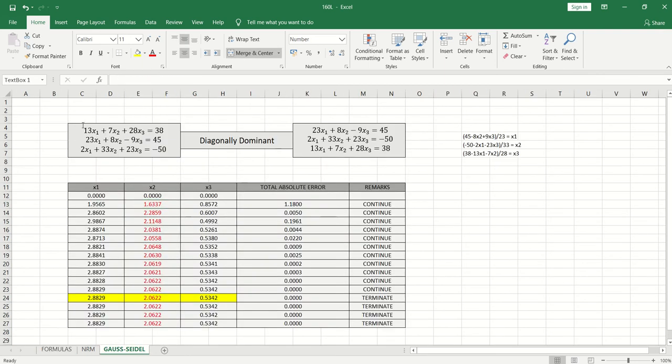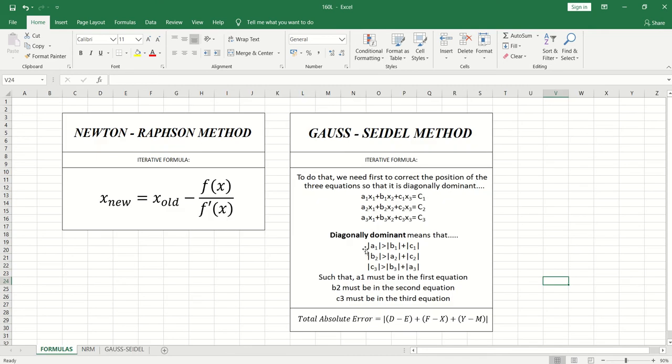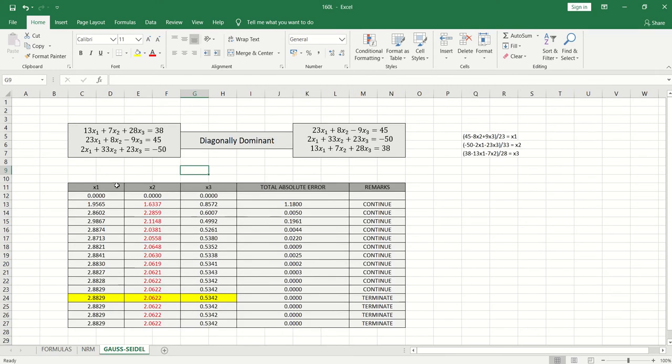So given these three equations, three unknowns, we will first arrange them in such a way that they are diagonally dominant. Recalling, a1 should be greater than b1 plus c1. So we need to find the equation where a1 is greater than b1 plus c1. Is 13 greater than 7 plus 28?